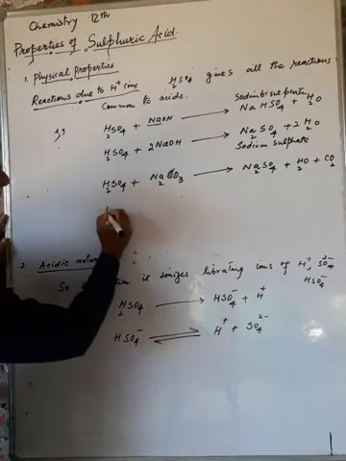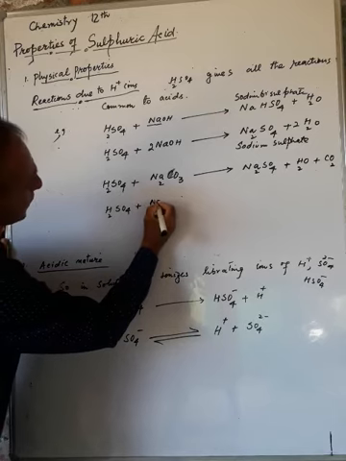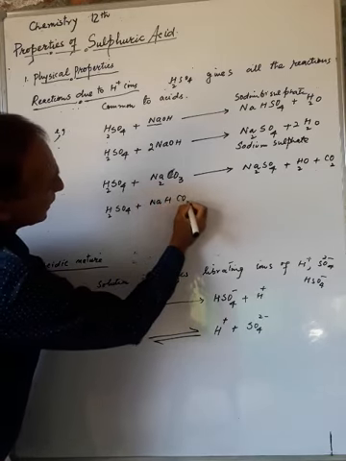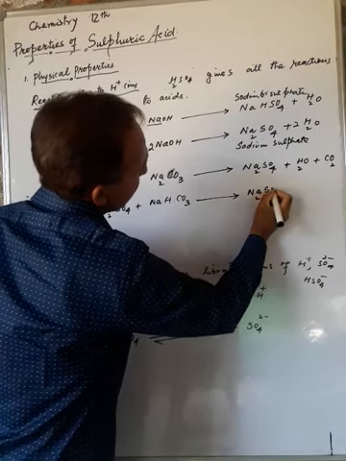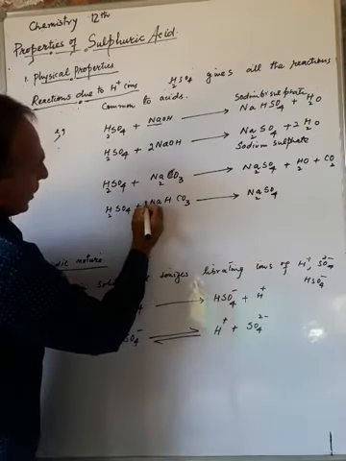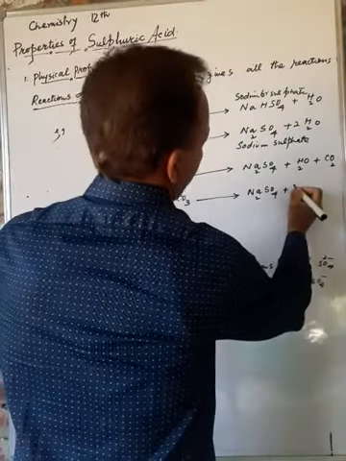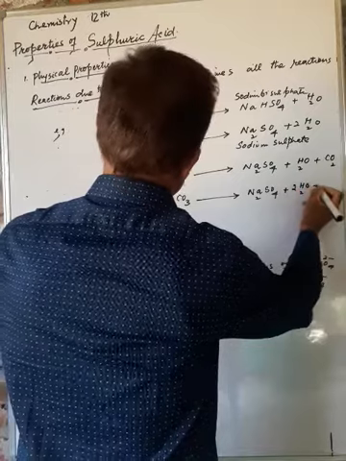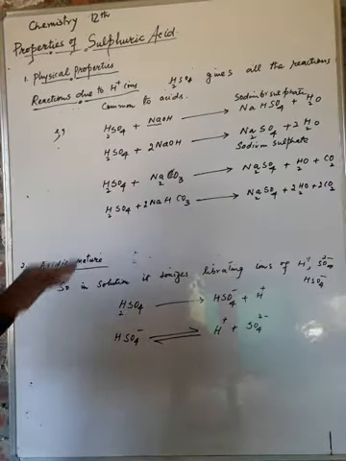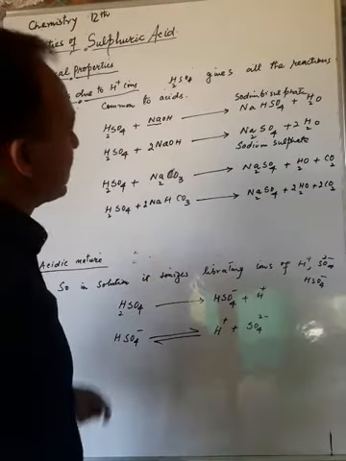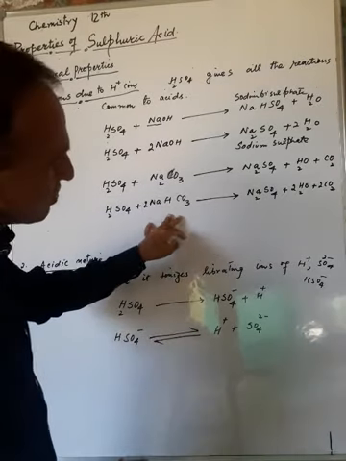Or if you take sulfuric acid H2SO4 with sodium bicarbonate NaHCO3, it again forms sodium sulfate Na2SO4 plus twice H2O plus twice CO2. These are the simple reactions, so you can balance them. Now we will see whether this reaction is balanced or not.